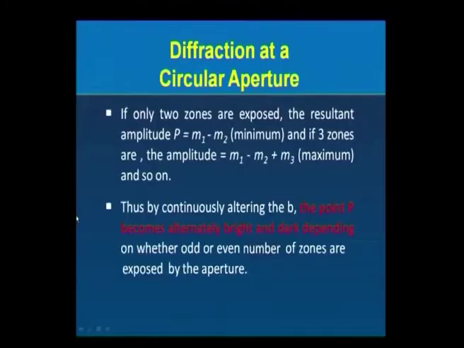So, the successive zones will try to destroy each other, whereas for alternate zones 1 and 3, I am having m1 plus m3. If it is m1 plus m3, the intensity will be maximum. You have to take the resultant displacement and square that. So, what is intensity? Intensity is the square of the displacement.